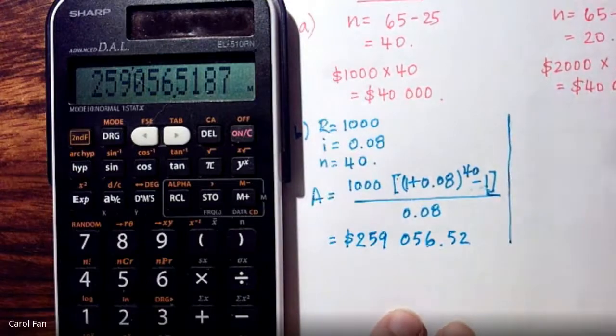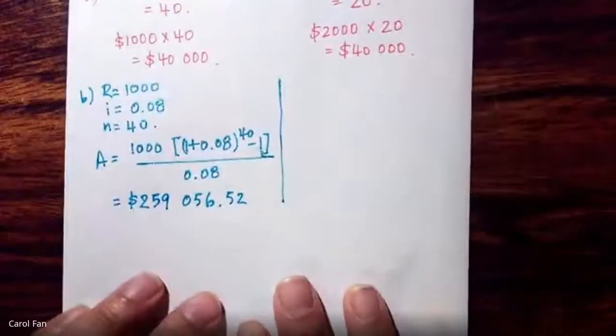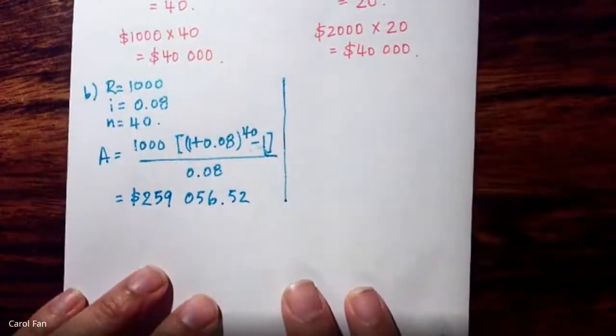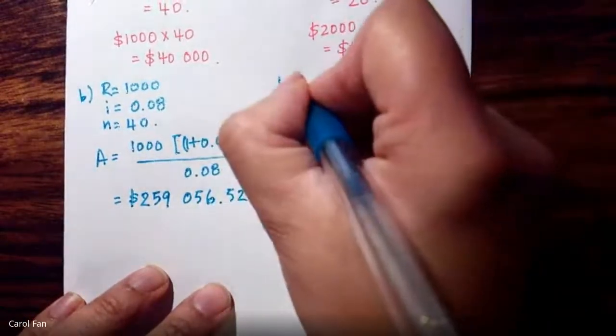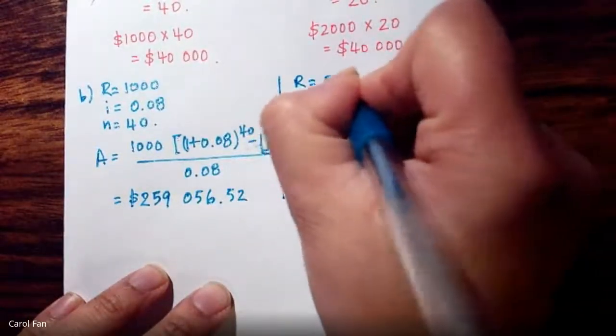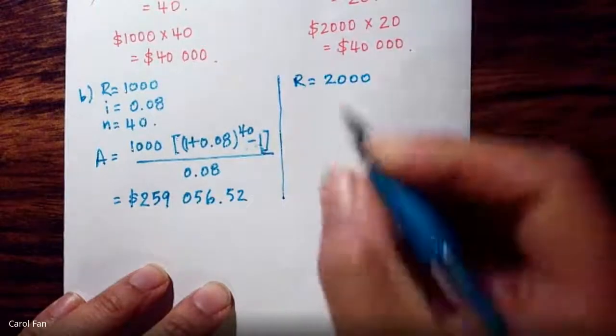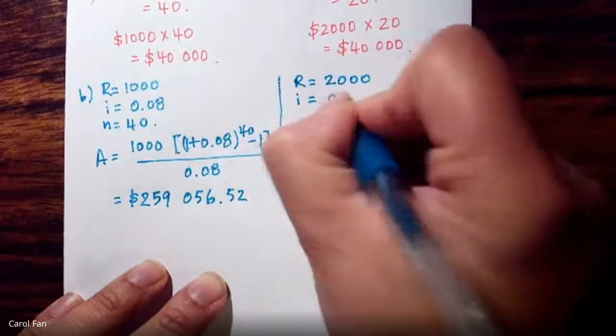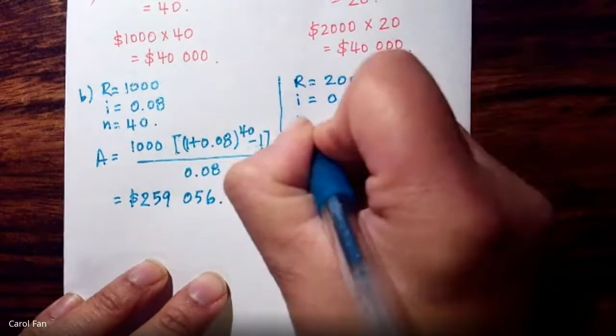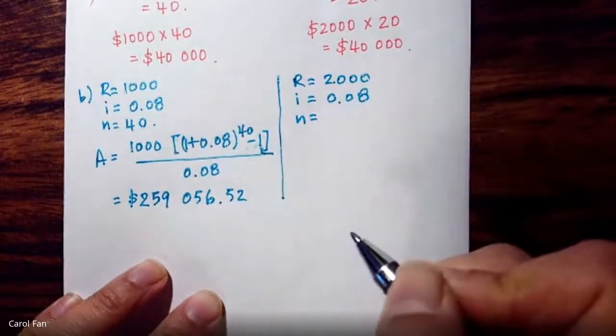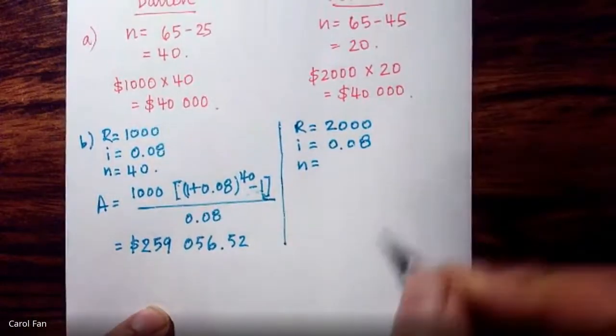Now for Marin, let's sort out the information that we have for her. Marin contributed $2,000. Interest is the same, 0.08, and n is equal to 20.